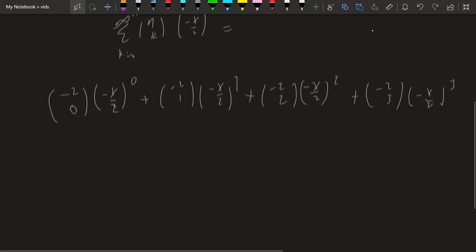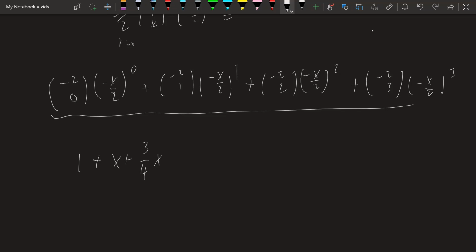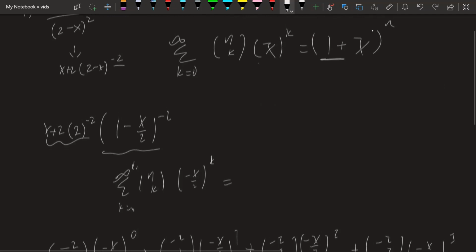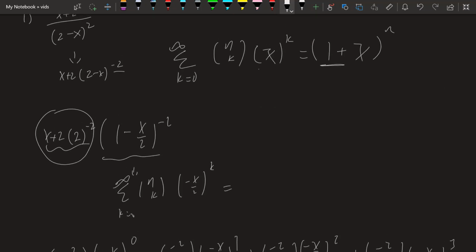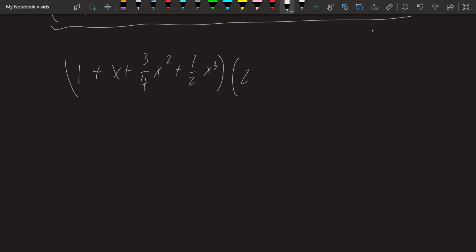So let's use a calculator to evaluate this. Give me a very small amount of time. To evaluate this, we're going to get 1 plus x plus 3 over 4 x squared plus 1 over 2 x cubed, right? And of course, we're going to add these back, multiplied by 2 raised to the power of minus 2 multiplied by x plus 2, I believe.